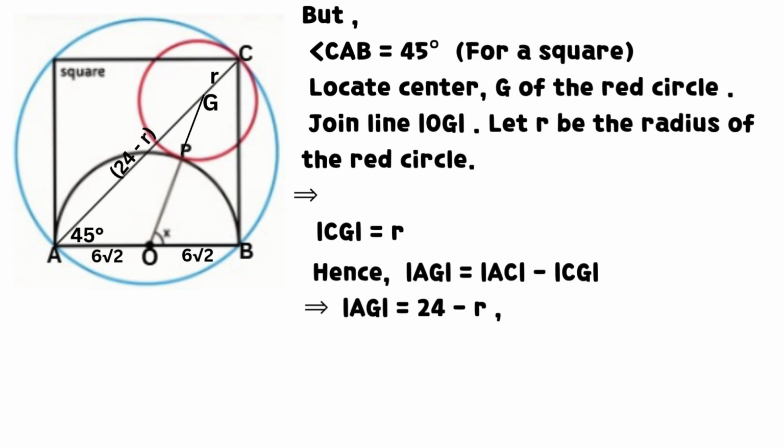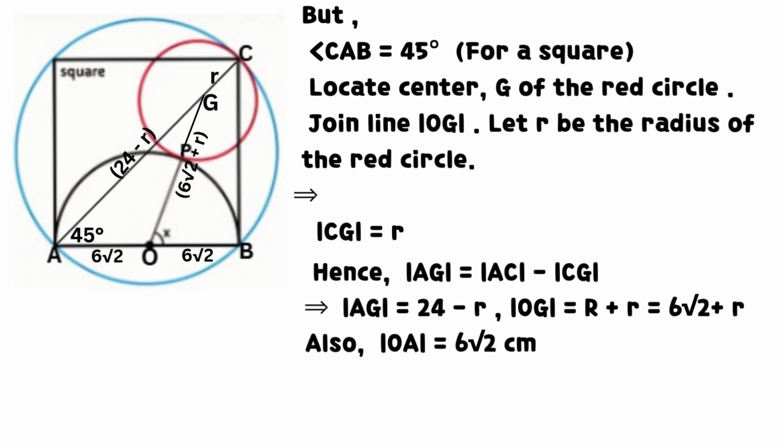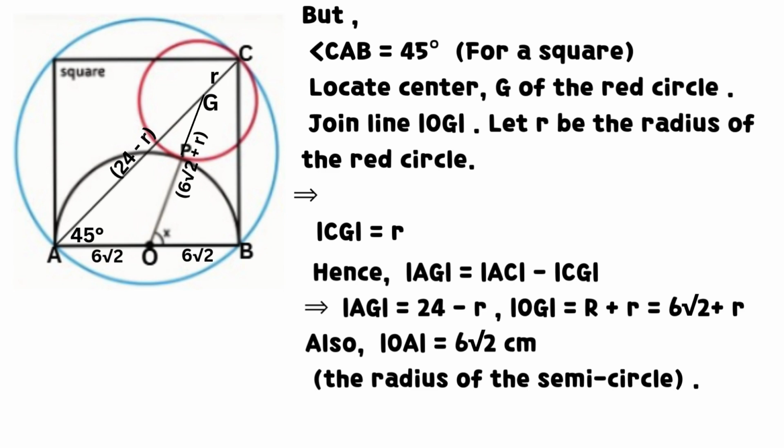Hence, line AG equals line AC minus line CG. It follows that line AG equals 24 minus small r. Line OG equals the sum of r and small r, which equals the sum of 6 times the square root of 2 and small r.